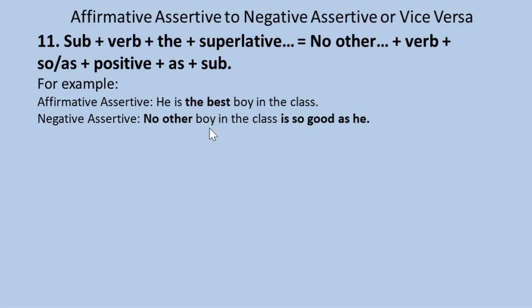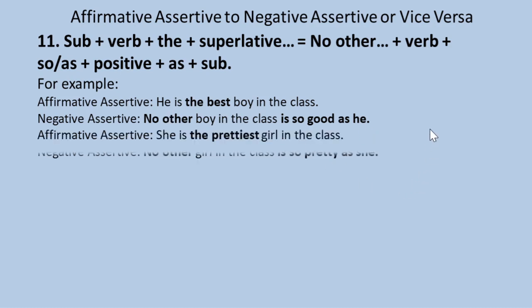Boy is a singular noun, that's why you have to use a singular verb. Then we use so positive degree of the best as subject, he. Affirmative assertive: she is the prettiest girl in the class. Negative assertive: no other girl in the class is so pretty as she.